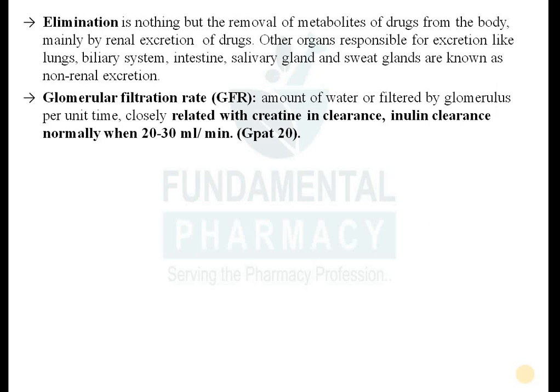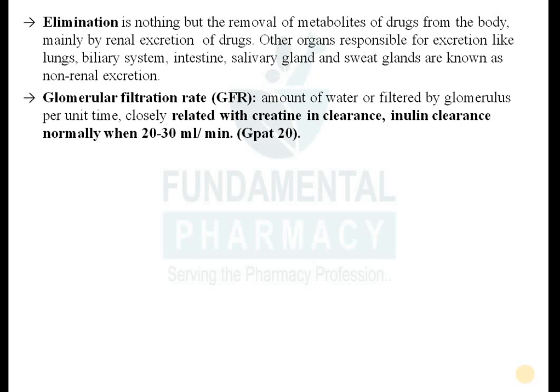So what is glomerular filtration rate? The amount of water or amount of drug with blood filtrated by the glomerulus per unit time is known as the glomerular filtration rate, GFR.